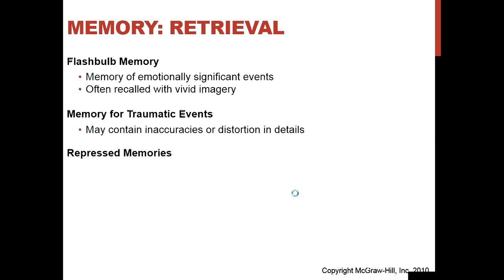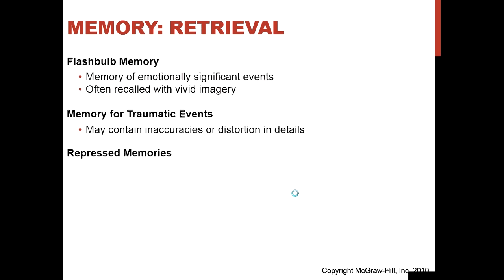Now, we of course also have memories for traumatic events. I guess the 9/11 scenario would go along with a memory for a traumatic event. But the thing about traumatic events is that even though we have memories for them, they could be flashbulb memories. Even though we have memories for them, the memories aren't always completely accurate.